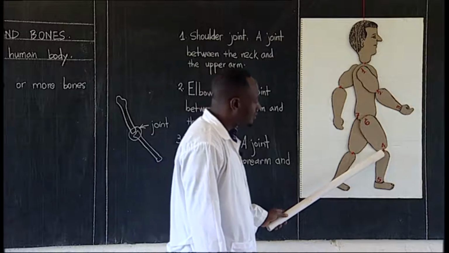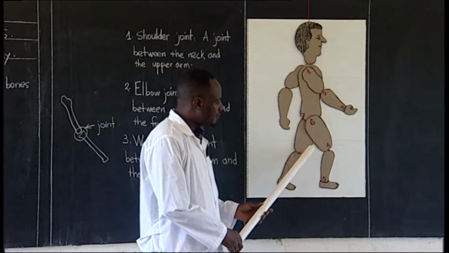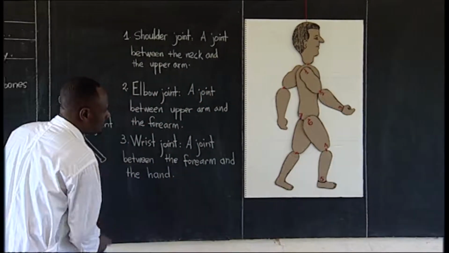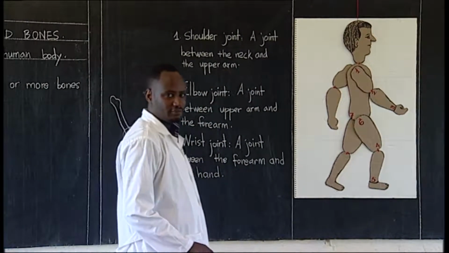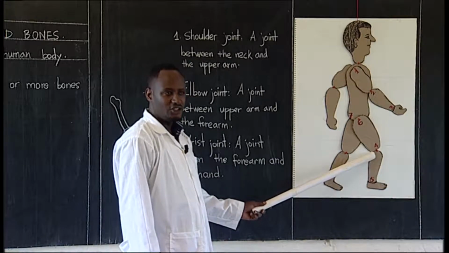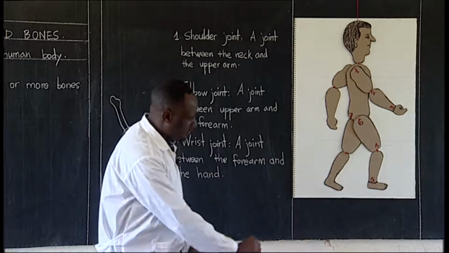Joint number 4. Joint number 4 here is known as the knee joint, around here.